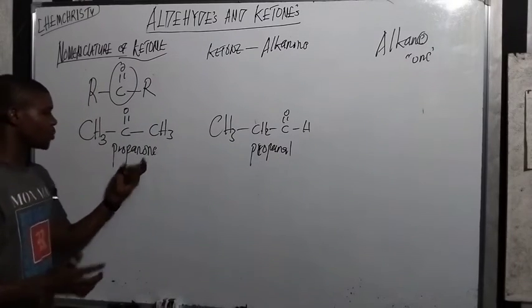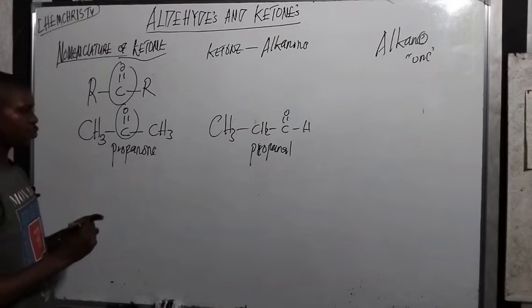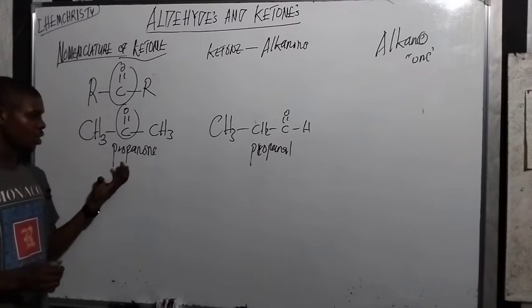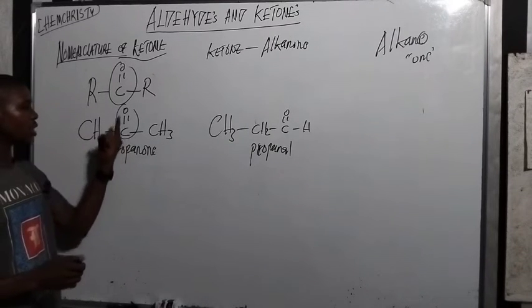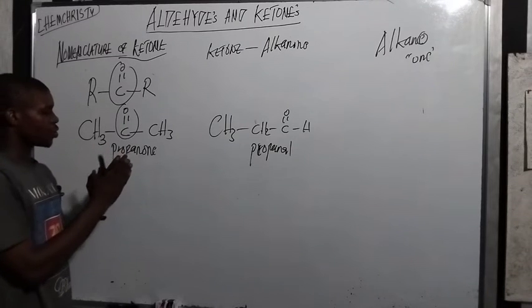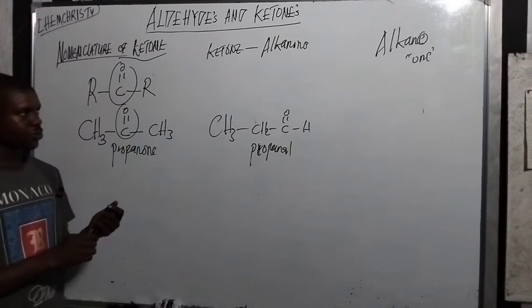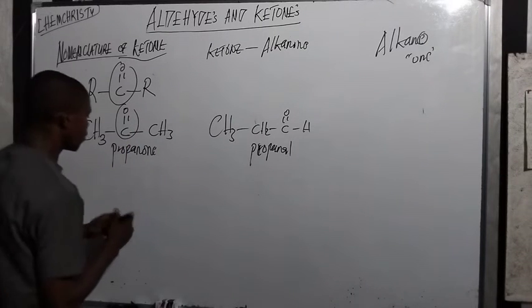If you look at this functional group, it is between two alkyl groups. So it's called propanone. The position of this one is not needed, because there's no other position you can get the ketone on.